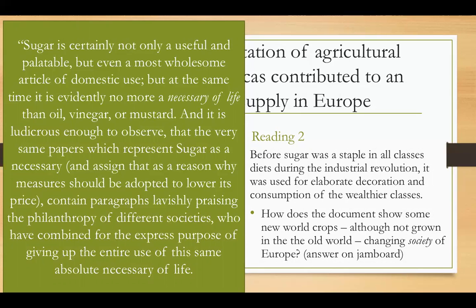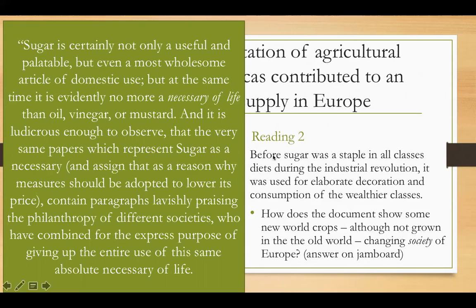So they're saying there's stuff in the newspapers that are like, oh my God, you need sugar. It's necessary to life. And assign that as a reason why measures should be adopted to lower its price, contain paragraphs lavishly praising the philanthropy of different societies who have combined for the express purpose of giving up the entire use of this same absolute necessary of life. Okay.